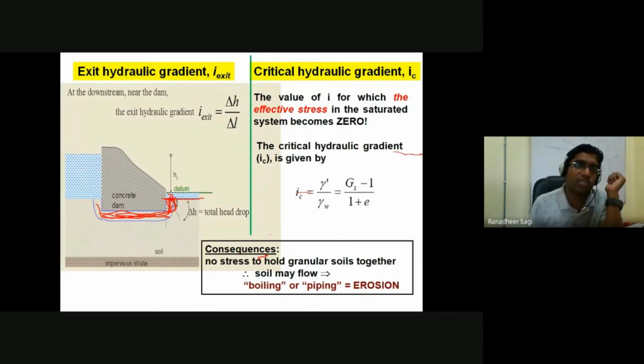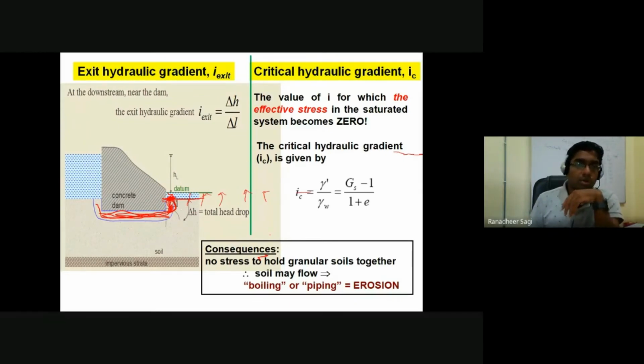Why more concentration of flow? Because whenever the water flows from upstream to downstream, immediately on the downstream end of your structure you have more concentration of water flowing, and less concentration as you move far away from the downstream of the structure.